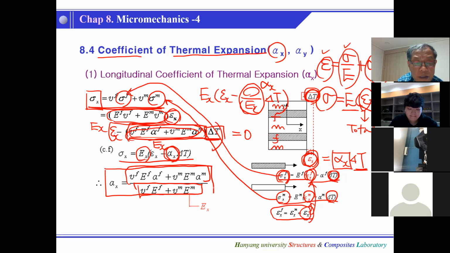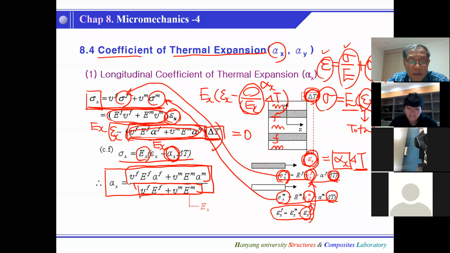Okay. I mean, you don't have to fully follow the whole procedure, but we need to understand the purpose of this derivation and the final result, which is given in terms of a constitutive equation.